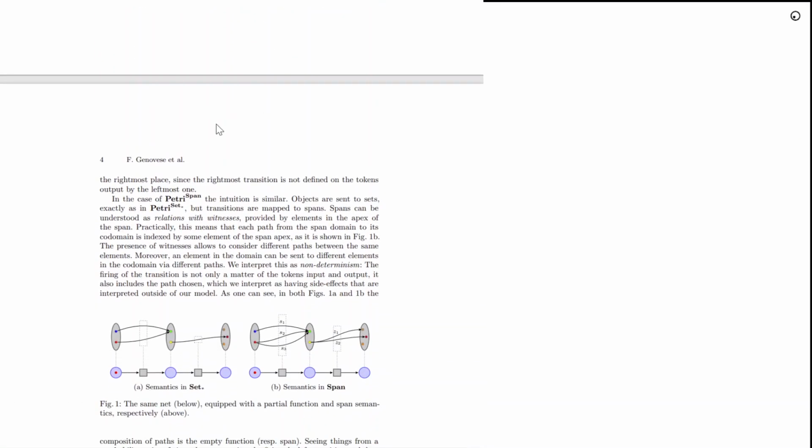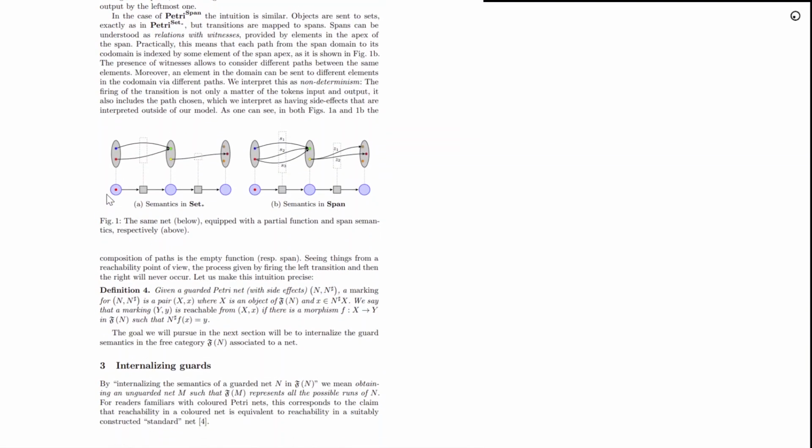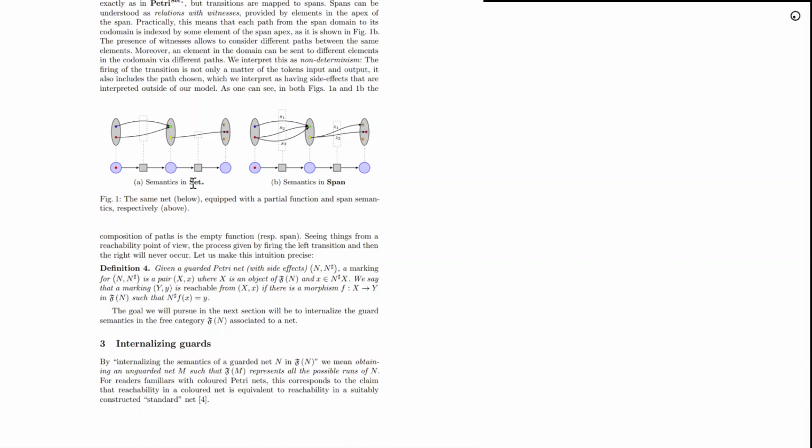Basically, if we consider, for instance, a net with a semantics in Set-star, then we are saying that for each place of the net, we map each place into a set. An important thing, remember that we said that this category is called the free symmetric strict monoidal category.